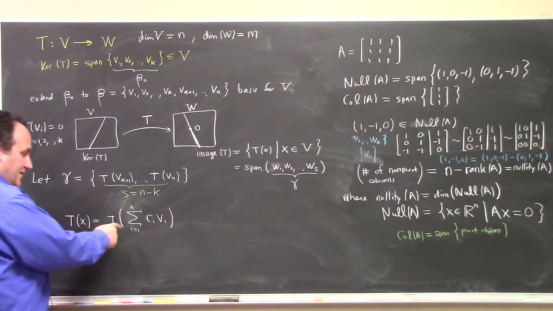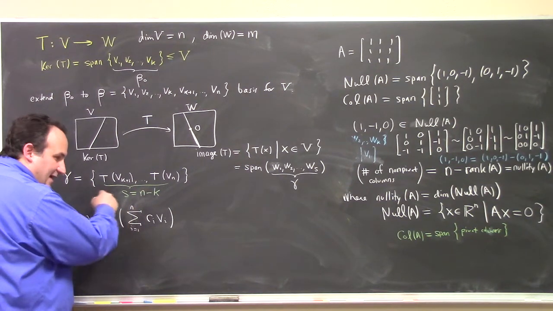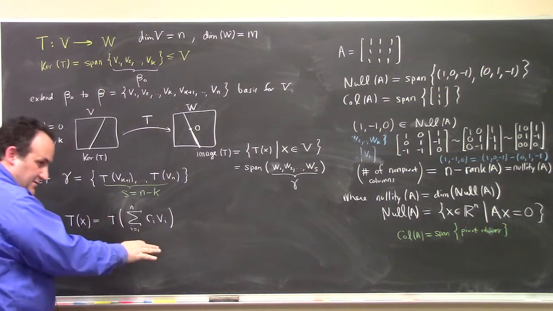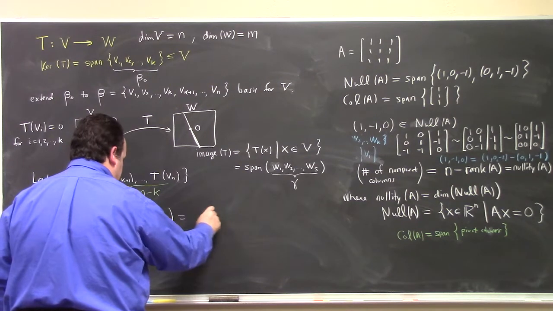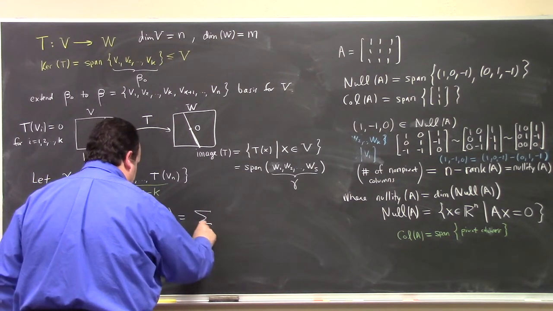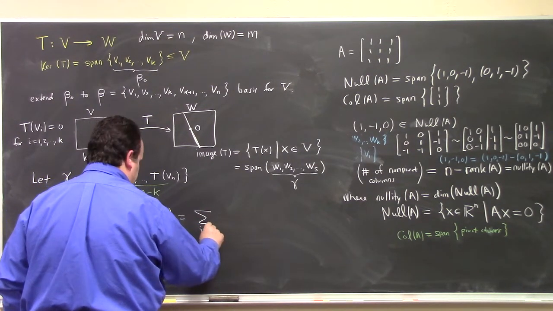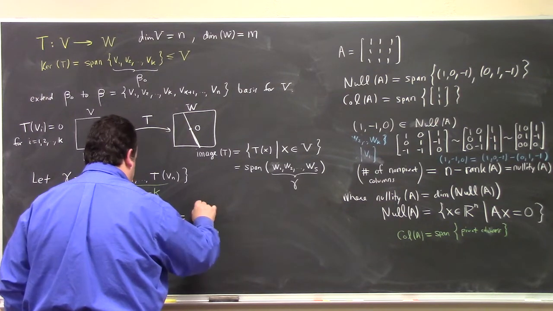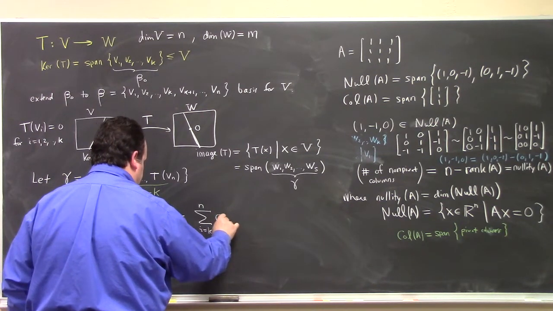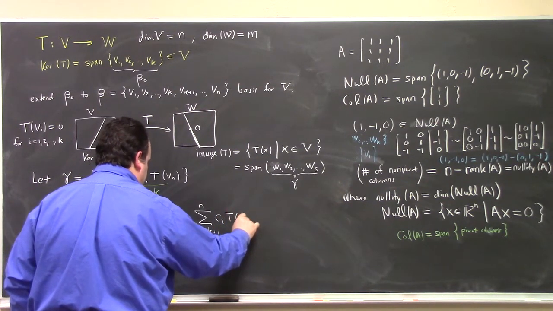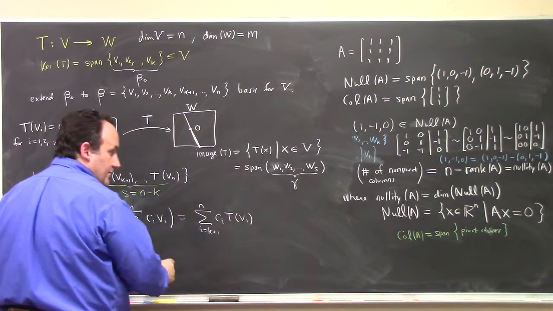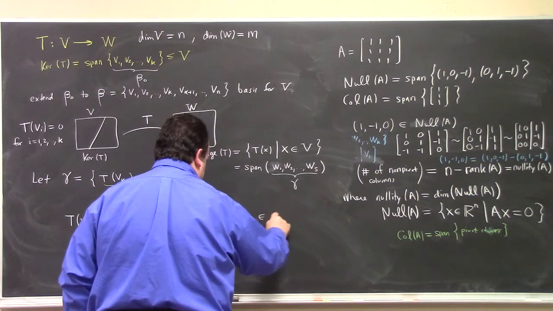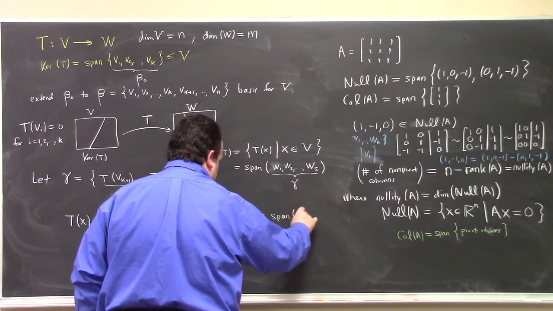But the thing is, everything in here, all the way up to k, gets killed. So this just leaves us with the sum i equals k plus 1 to n of ci T of Vi, which is an element of the span of gamma.